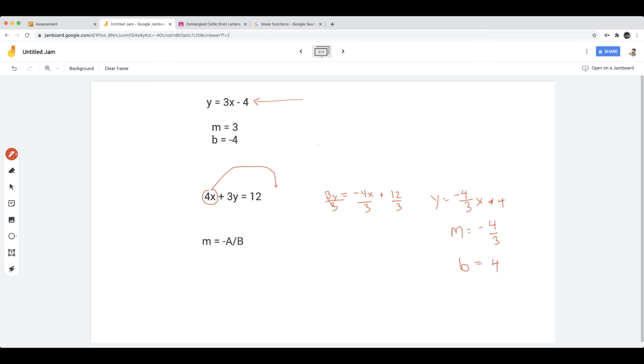Right. Now if you do this, again, 4 is positive here, so it'd be negative 4. And then y is 3, so divided by 3. So that's your slope. Right? So that's a little shortcut that gives you that. For b, for the y-intercept, it's going to be equal to c divided by b.